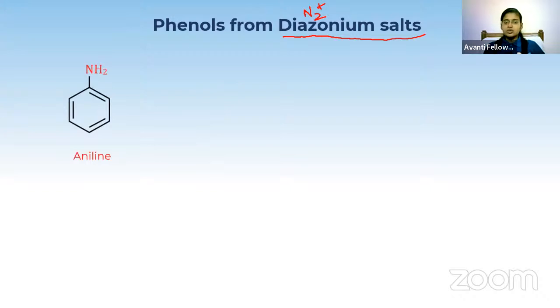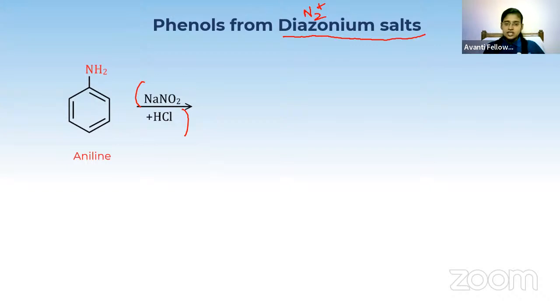If I have NH2 in the ring, it is called aniline. Aniline has to undergo one reaction where NaNO2 and HCl will be used. This mixture is called the nitrous acid mixture.